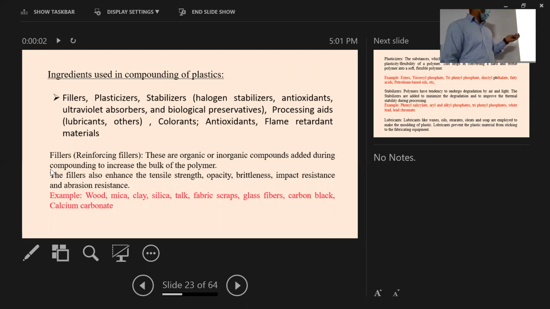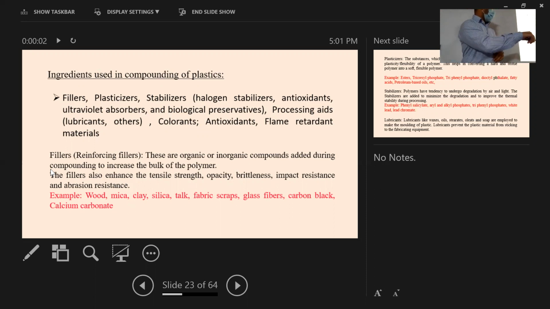Fillers, what are the fillers? These are organic or inorganic compounds added during compounding to increase the bulk of the polymer. That means if you want to increase the size of the polymer, you need to add these types of fillers. What are they?